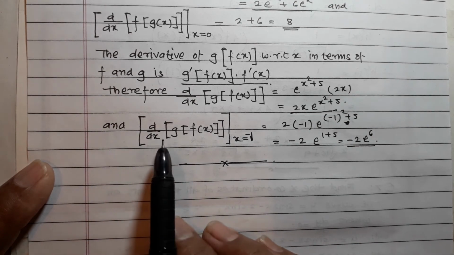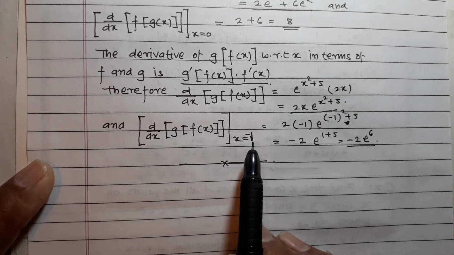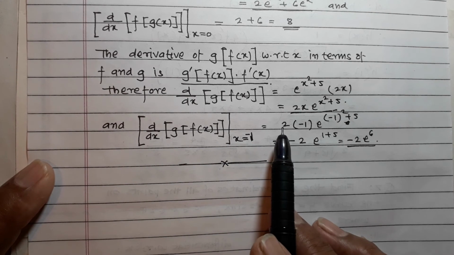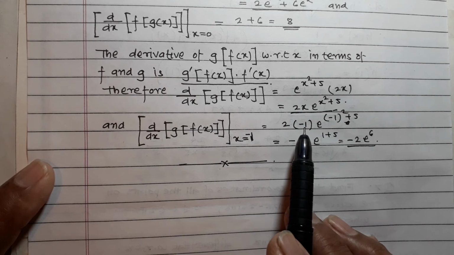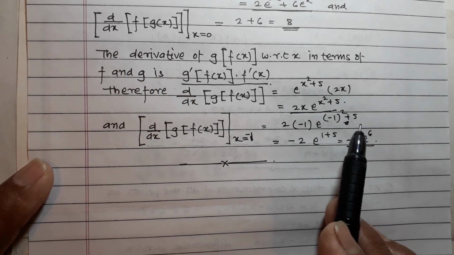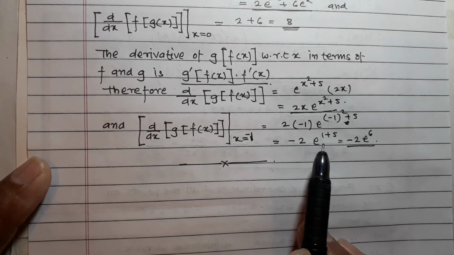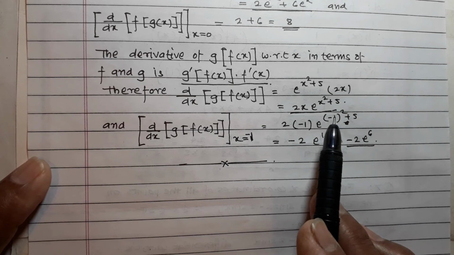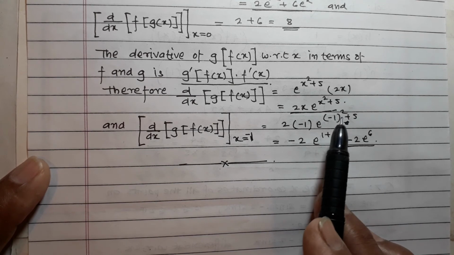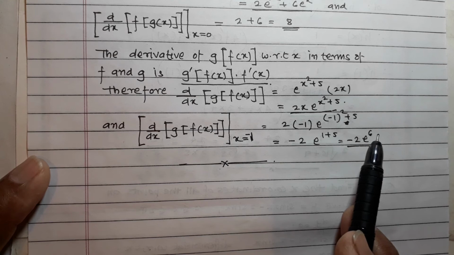And finally d/dx g(f(x)) at x = -1 is 2 into -1 e raised to (-1) square + 5, which is -2 e raised to 1 + 5, that is -2 e raised to 6.